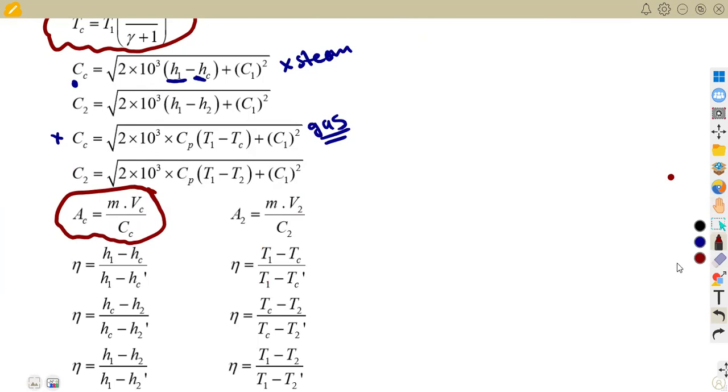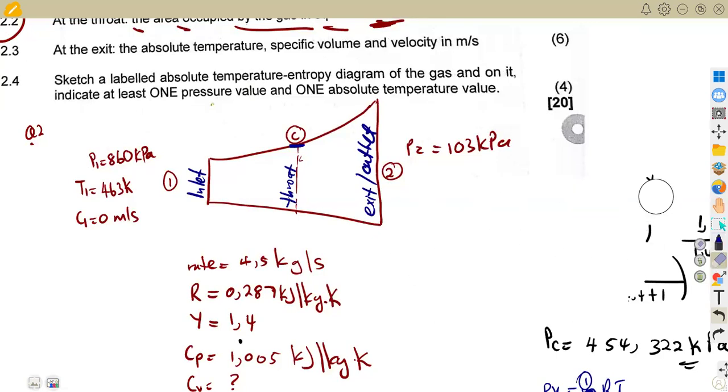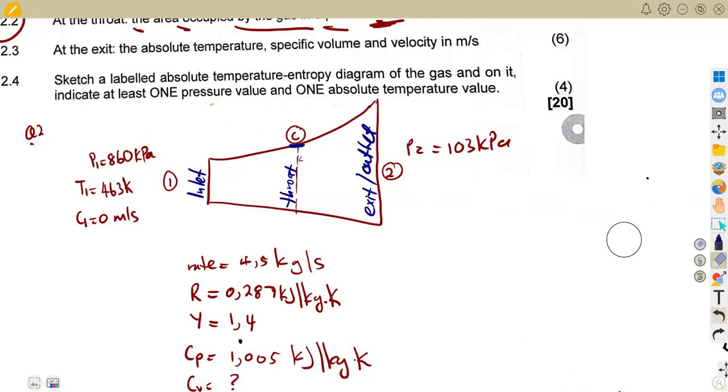All right, so on 2.2, we are given that the area at the throat is given as m-dot times Vc over Cc. This m here is the rate, not the mass, it is the mass flow rate.